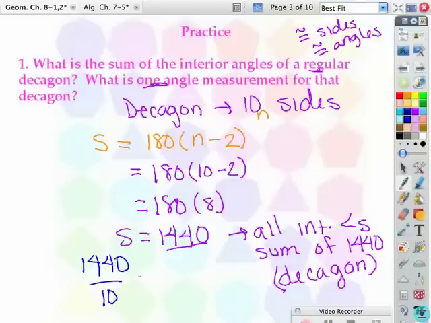There's 10 angles, so we end up with 144 degrees. So this is just one angle. See, not so bad, right? Plug it into the formula, get the sum, and then if you want just one angle, divide by how many sides there are.